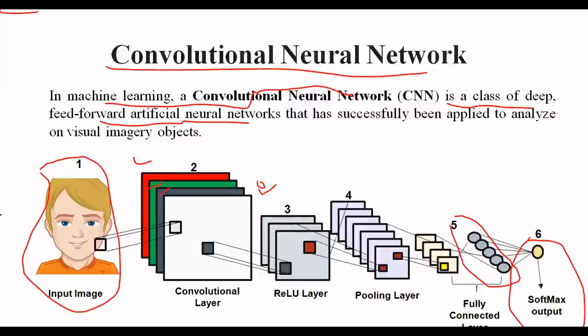I am not going much deeper or much technical at the moment for the CNN, but the CNN is quite an interesting thing to learn if you want to start with machine learning, and if you want to start with deep learning concepts.